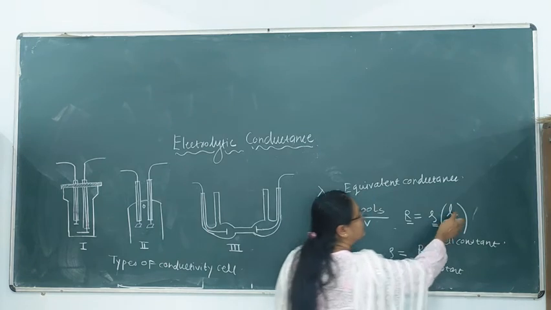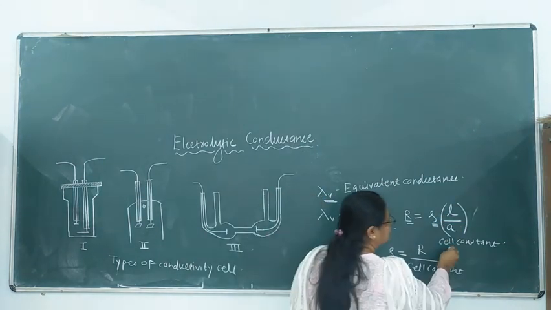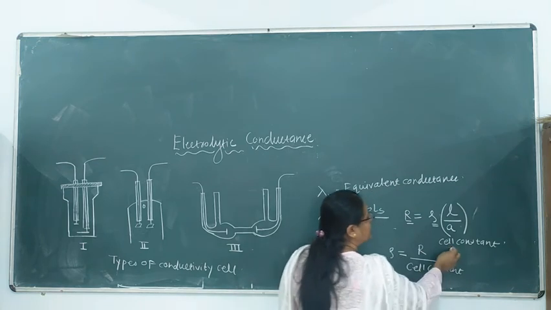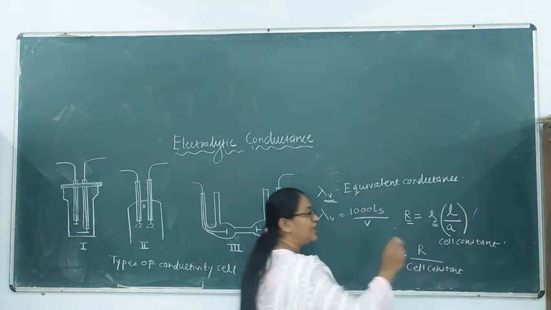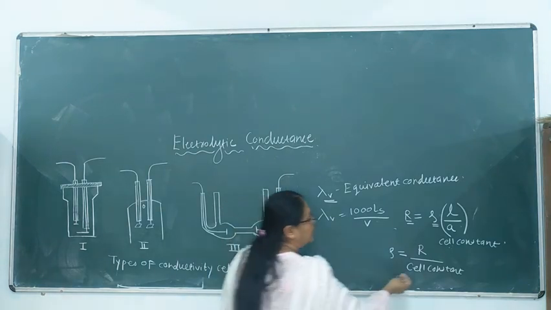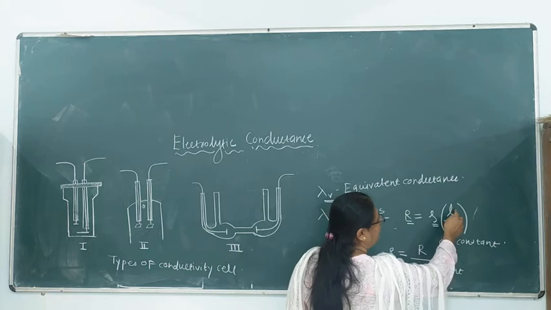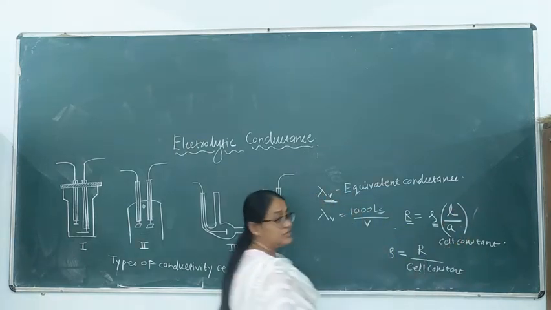The ratio of the distance between the two electrodes divided by area of cross section is called the cell constant, and this cell constant is a specific constant for every type of conductivity cell. Now to calculate cell constant, we must know the value of L and the value of A, that is the distance between the two electrodes and the area of cross section.